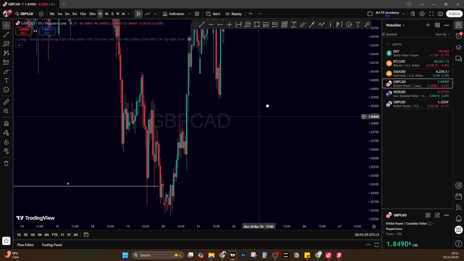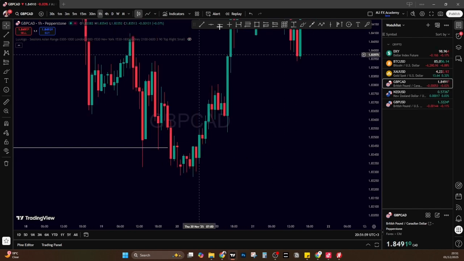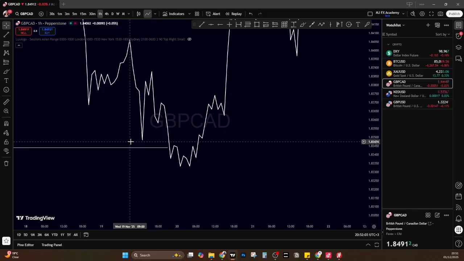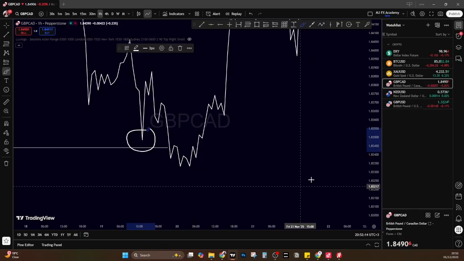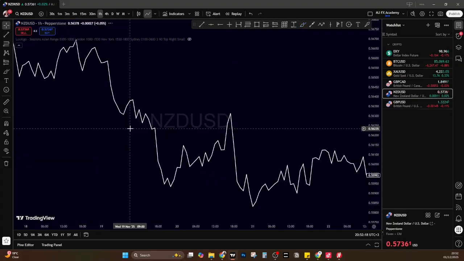Now, let us look at where we have the QML. I don't want to confuse you with QML and all those things. Do you see this low here? Can you see that low there? If you can see it, please let me know.